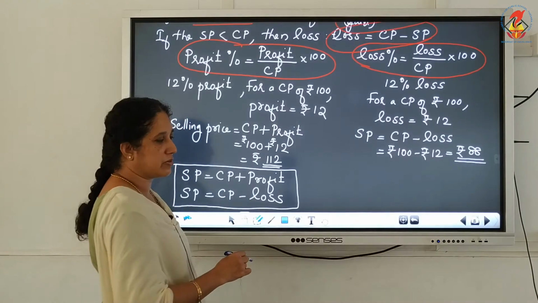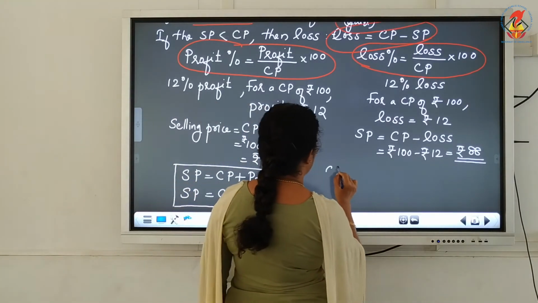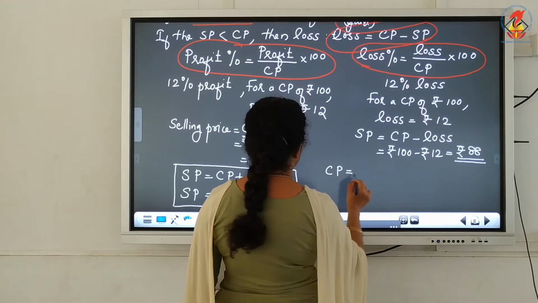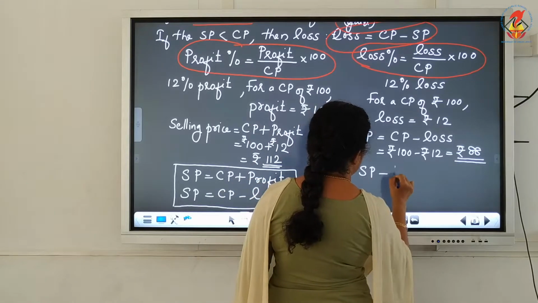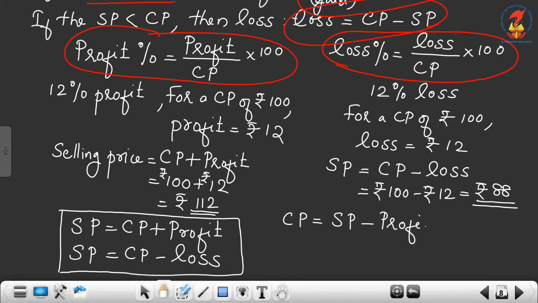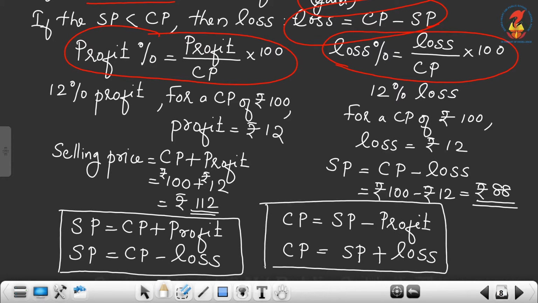Similarly, we can find out the cost price also. Cost price is equal to selling price minus profit, and if loss is given, cost price is equal to selling price plus loss. So in order to do the problems, you have to remember these relations.